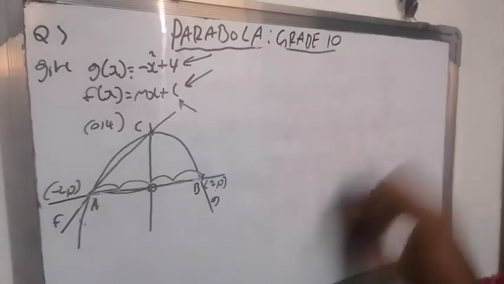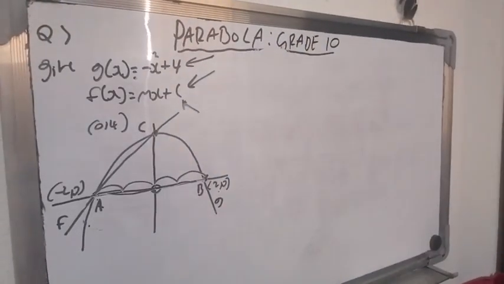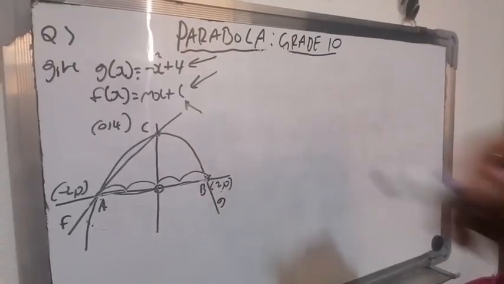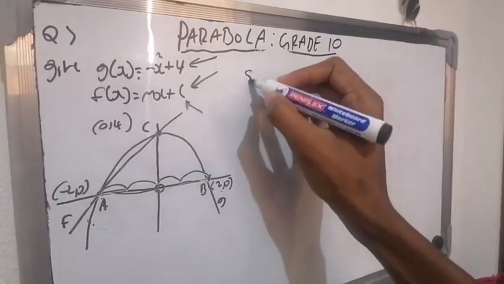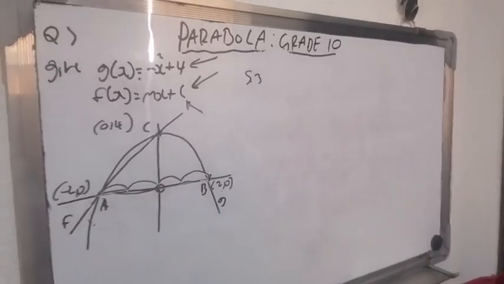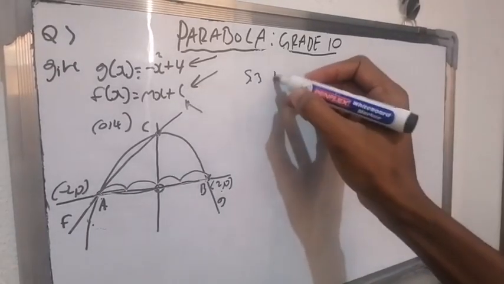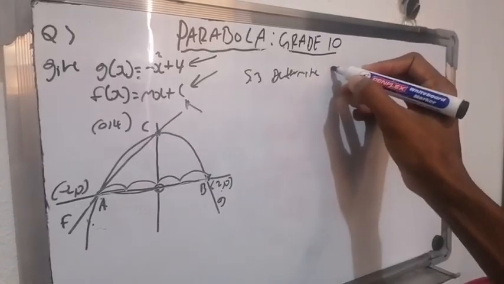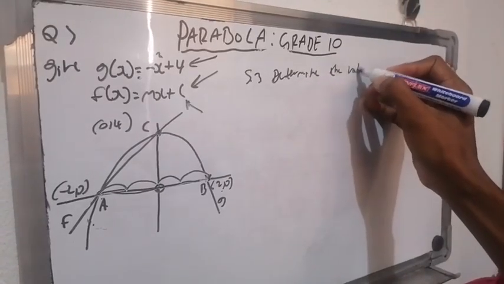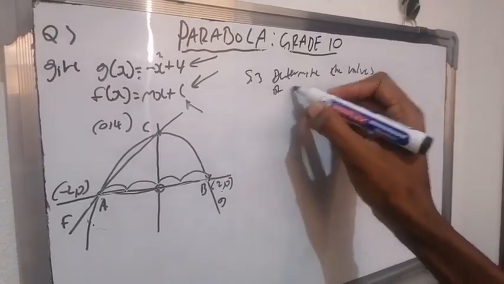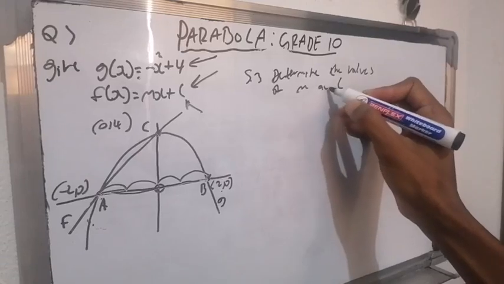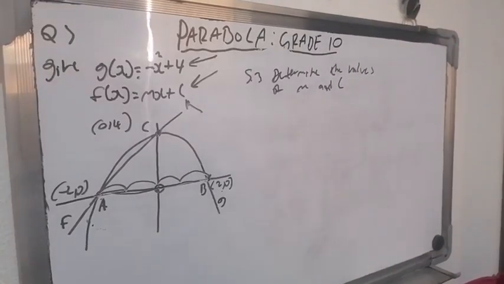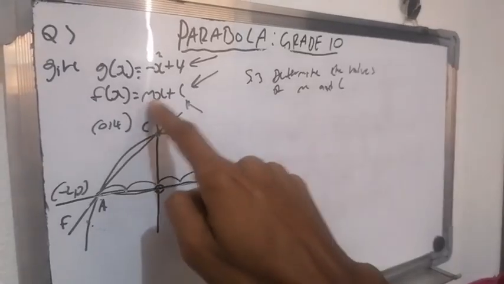Now, on the next question, we see something. On the next question, it's on 5.3. The 5.3 says determine the values of M and C. So they're actually trying to say, tell us what M is and what C is.